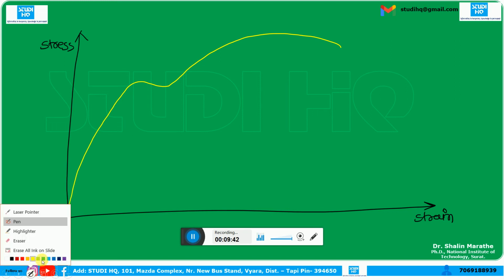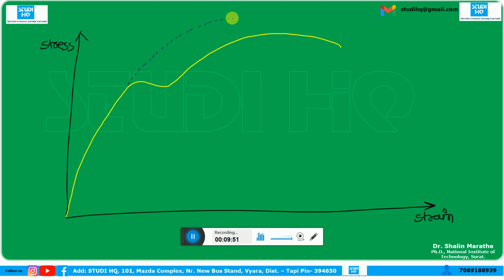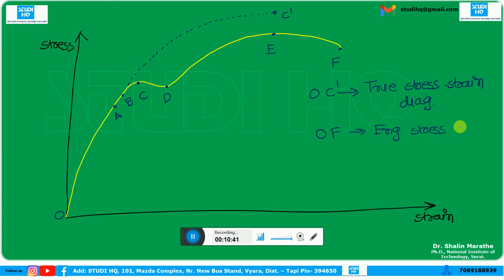Just consider, suppose we have O. So OCS graph is the true stress strain diagram, and OF is the engineering stress strain diagram.